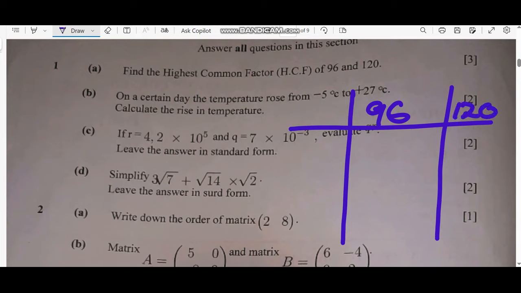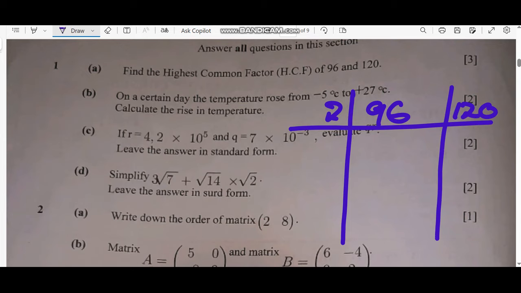What we are going to do is find numbers that go into 96 and also go into 120. The number that can divide 96 and also 120, the smallest one, right?